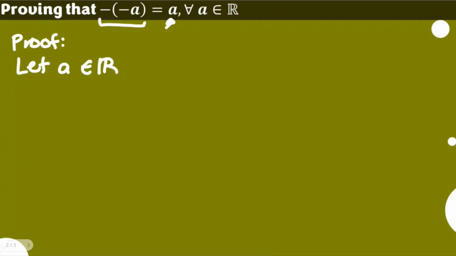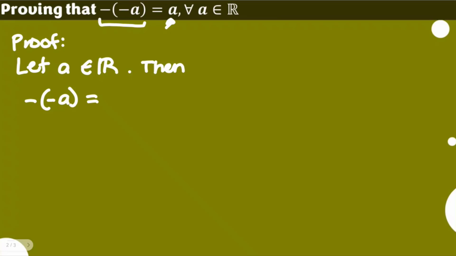Then we are going to show that negative of negative a is equal to a. So we are going to start with this and hopefully arrive at our right hand side, which is just positive a.